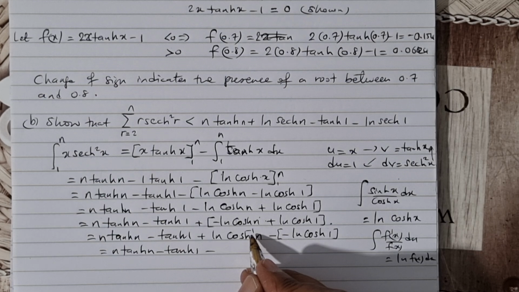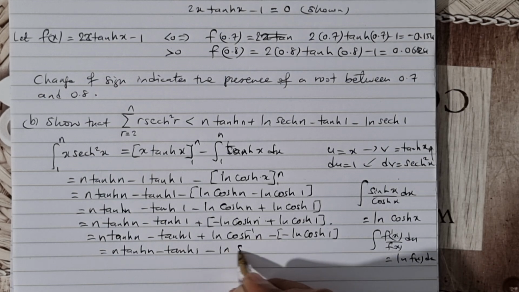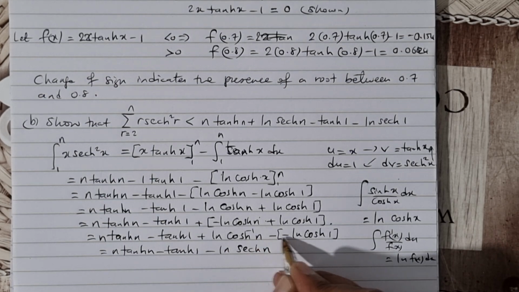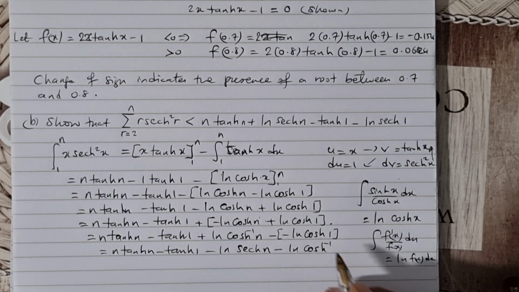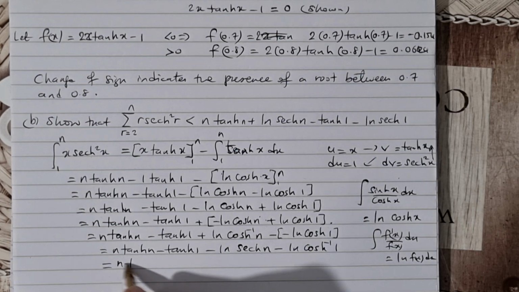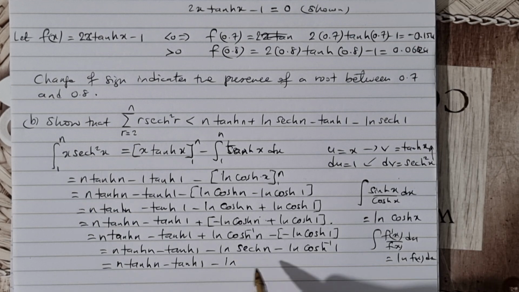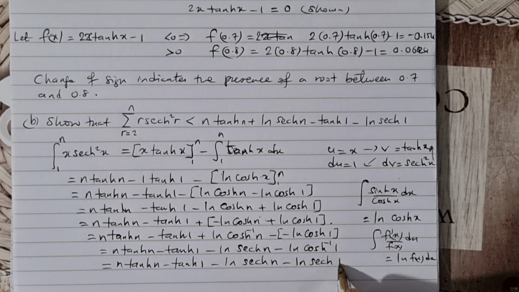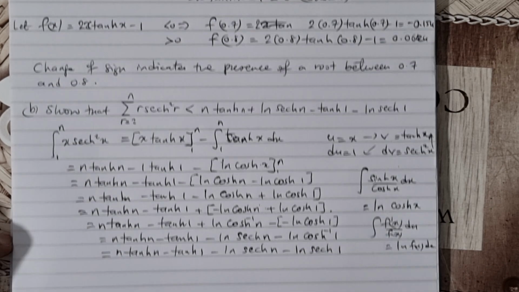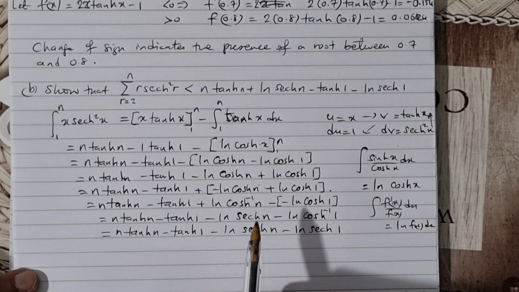This is 1 over cosh, which is basically sech, so minus ln sech n, and here the same, you can say ln of the inverse of cosh 1, and so we have n tanh n minus tanh 1, minus ln sech n minus ln sech 1.